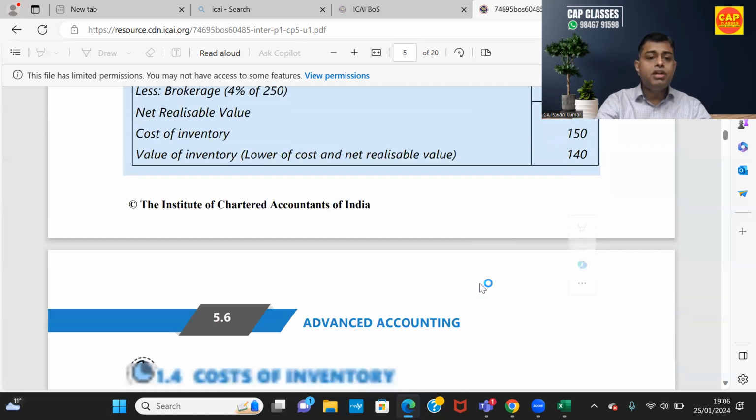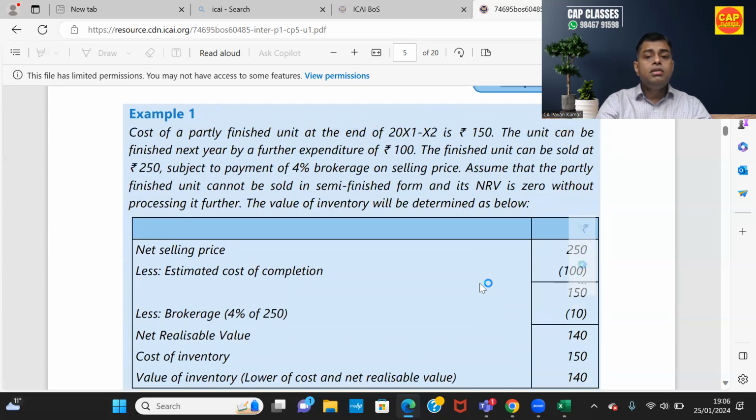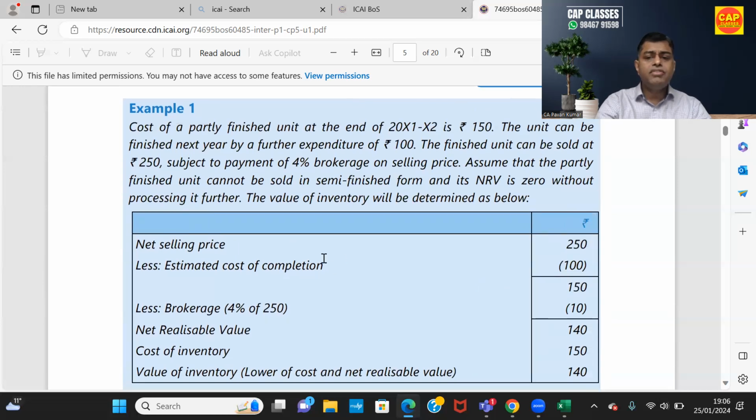I want you to do an example. This is a very old question. They have given the net selling price. Kalyani, can you read this example, ma? Cost of a partly finished unit at the end of 2021-22 is rupees 150. The unit can be finished next year by a further expenditure of rupees 100.